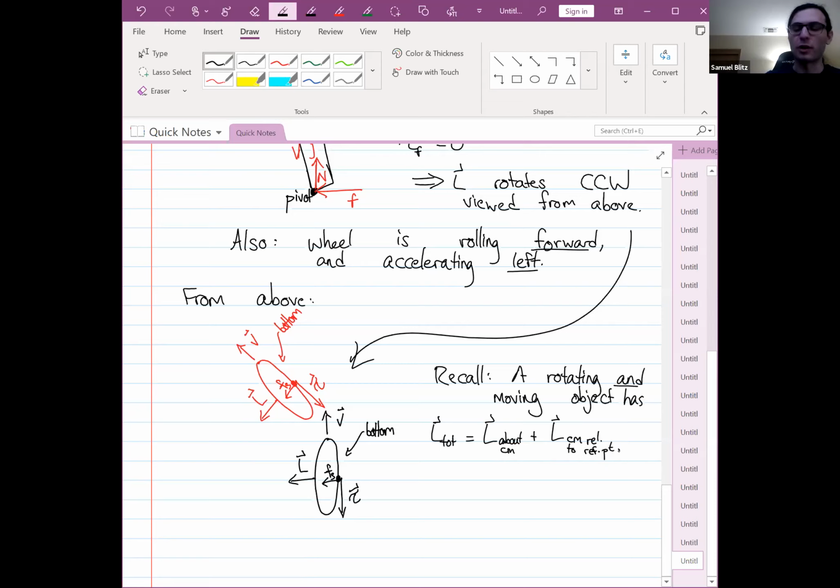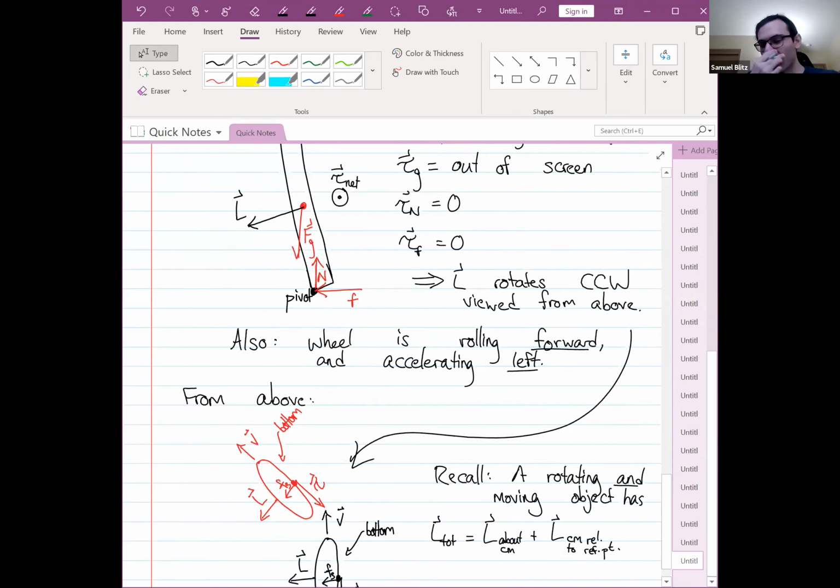Sorry, all these subscripts are long. But the point is, imagine an object that's spinning and then you also throw it. Relative to some reference point, the motion of the object itself will have some angular momentum, and you can add that to the angular momentum of the rotation itself to get the total angular momentum.